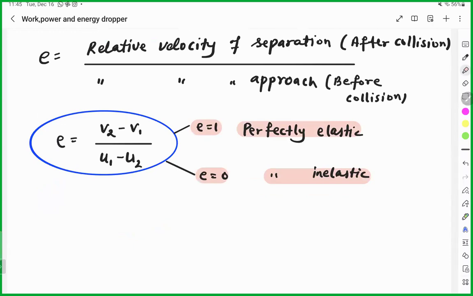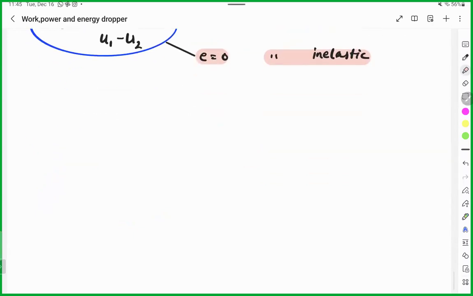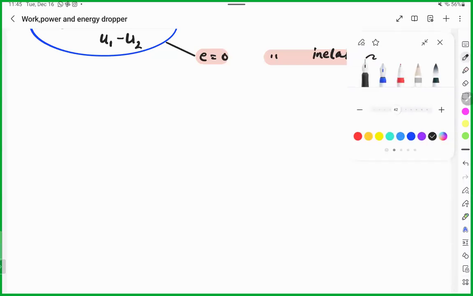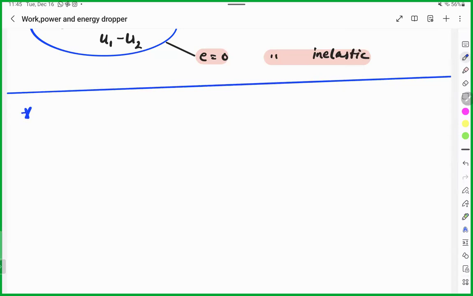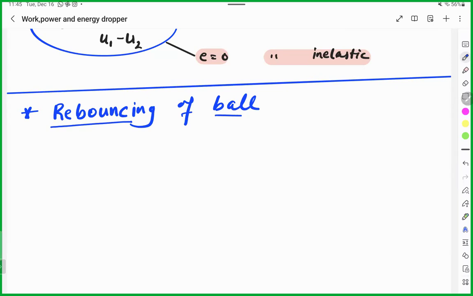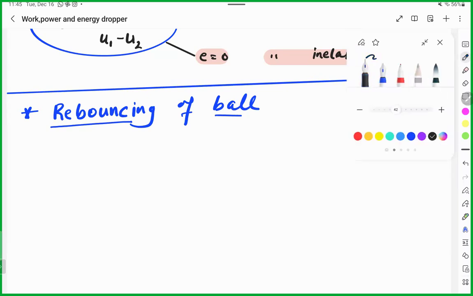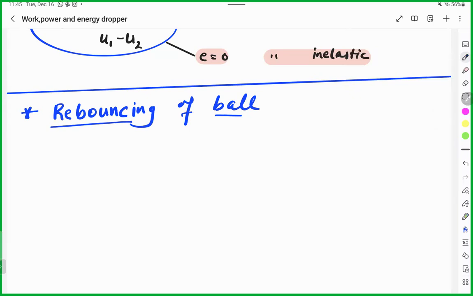Okay, no problem. The last topic of the chapter, and then work energy power will be done, is the rebouncing of the ball. You know what happens if you have an elastic collision: if you drop the ball, it will come to the same height. Correct? But in reality, it does not happen. It will always reduce.